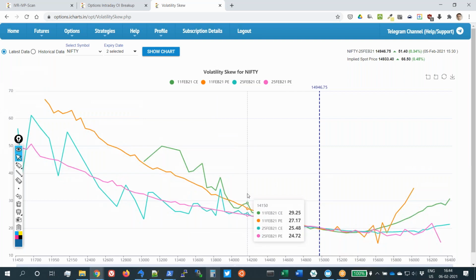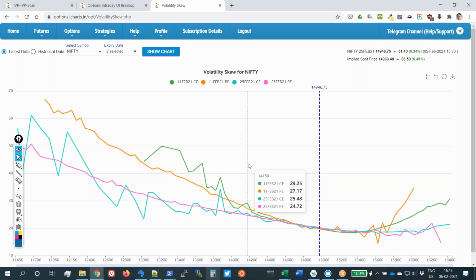So positioning you can do using ratios, ratio calendars, ratio diagonals, unbalanced ones, and all that kind of trades. Explaining trades using this is very highly technical and deeper.